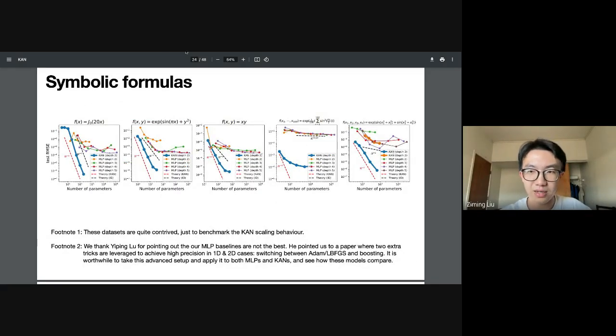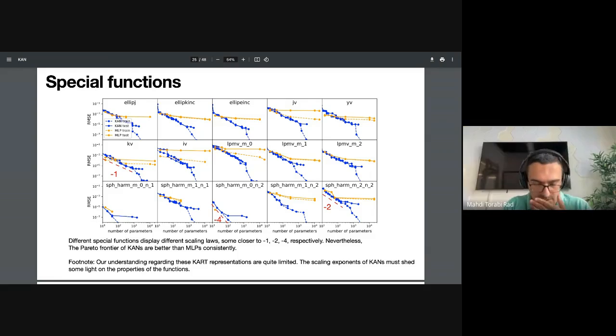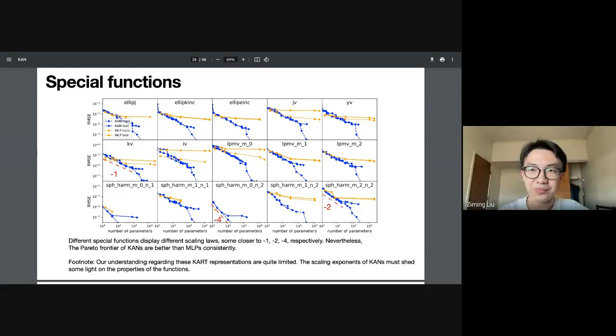For this plot, I only increase G. I only have one KAN model in the sense that the depth and the width are fixed, and I only increase G to sweep the scaling plot. But in this other plot, I also tried various depth. Okay, I see.